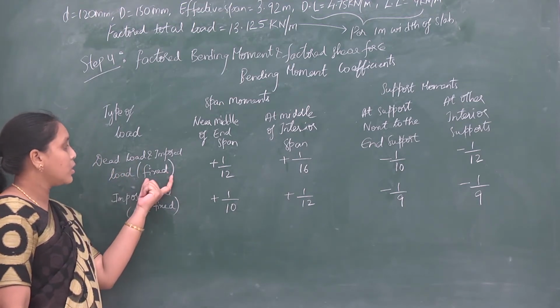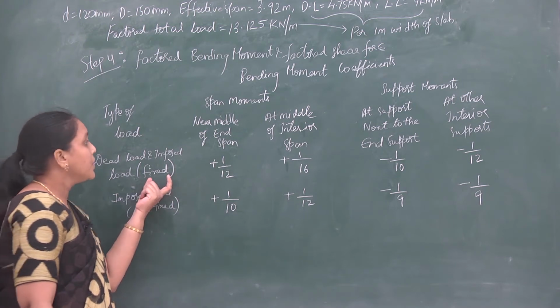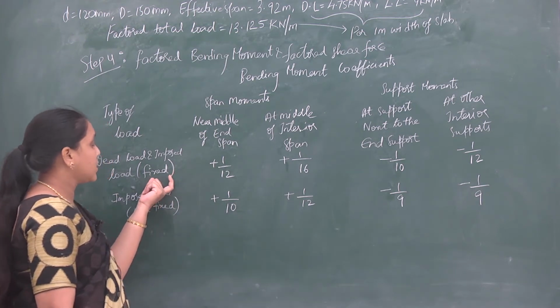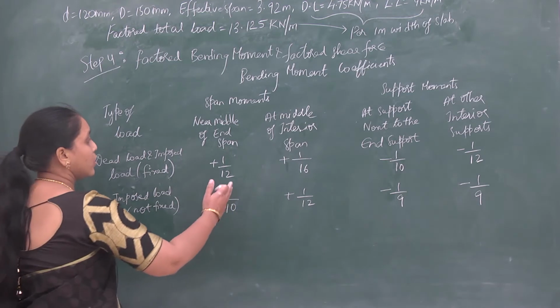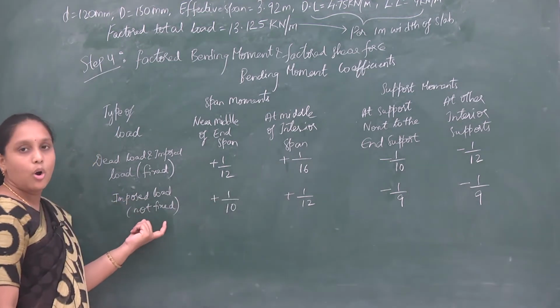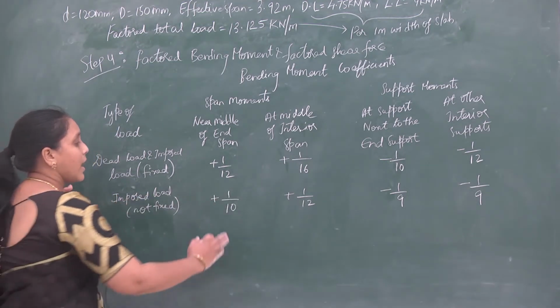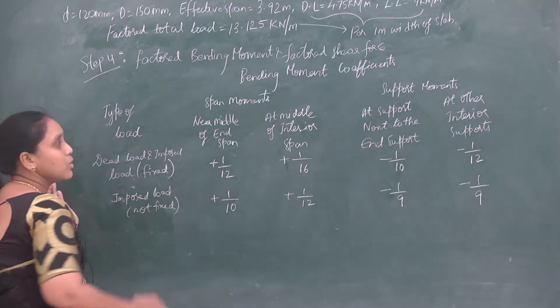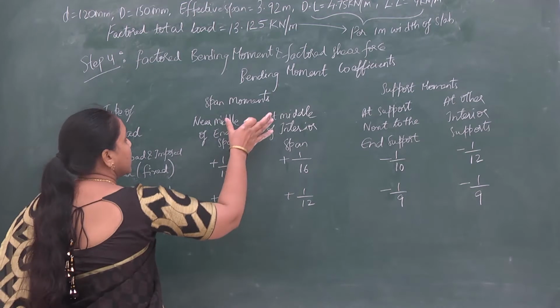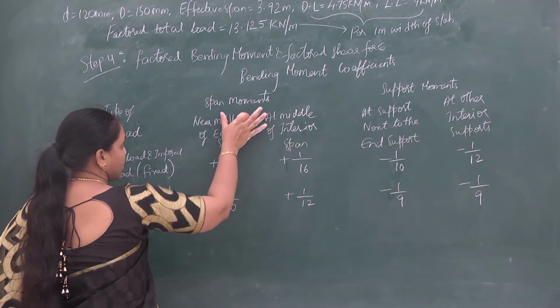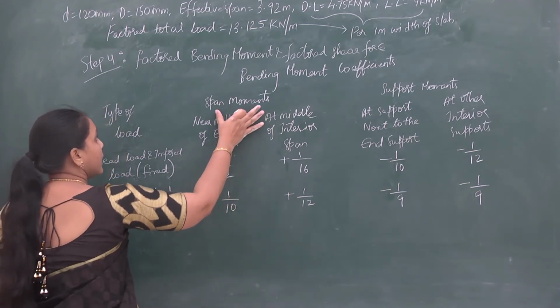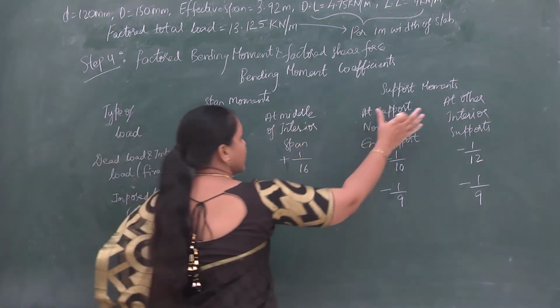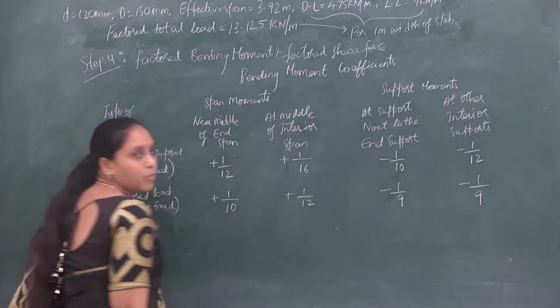If the imposed load is fixed, we take these values, and for the not fixed condition, the imposed load values are taken from here. The coefficients are given for span moments as well as support moments.